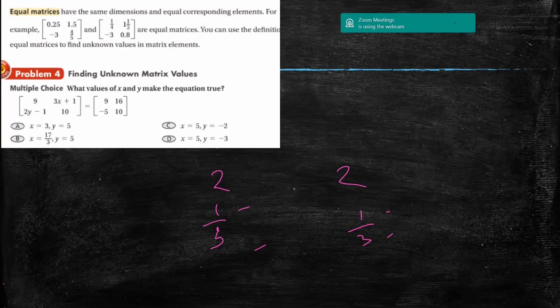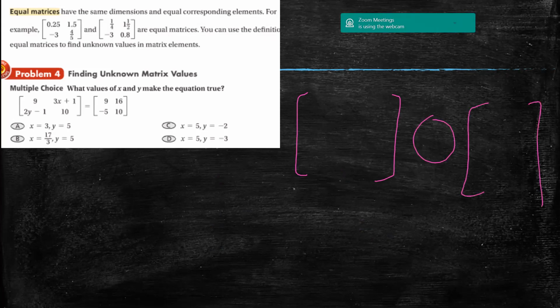What about the equal matrices? How can I say that these two matrices are equal? Just compare each element with each other. Like, here we have 3, 7, 2, 5, 1, 9. 3, 7, 2, 5, 1, 9.